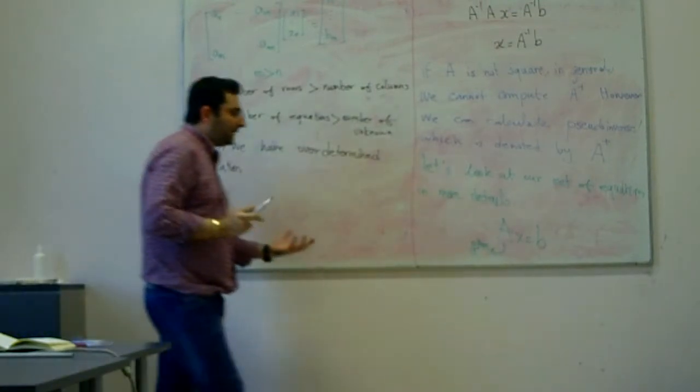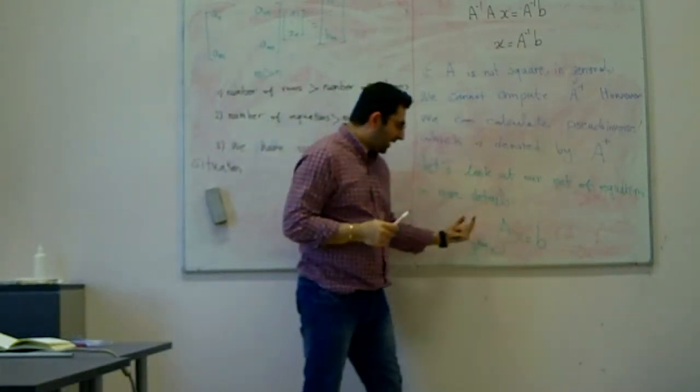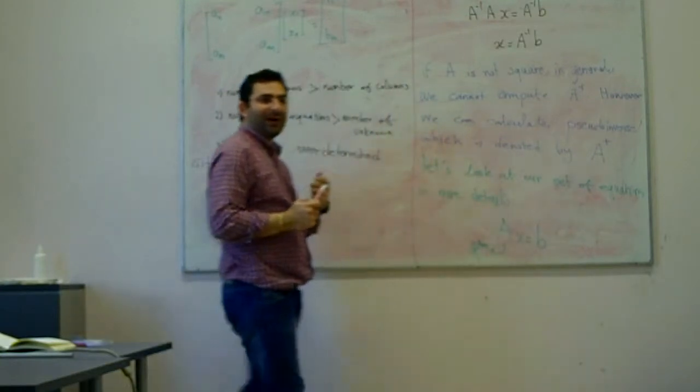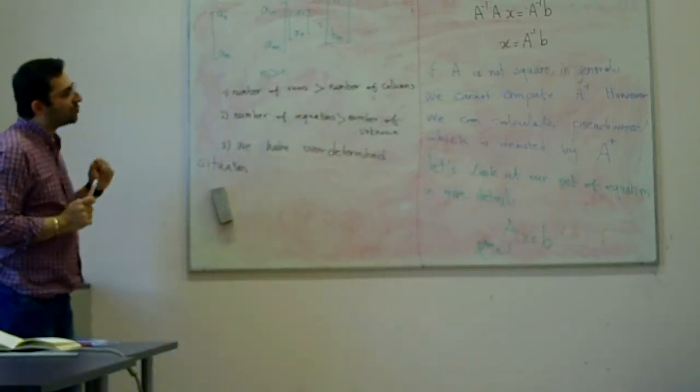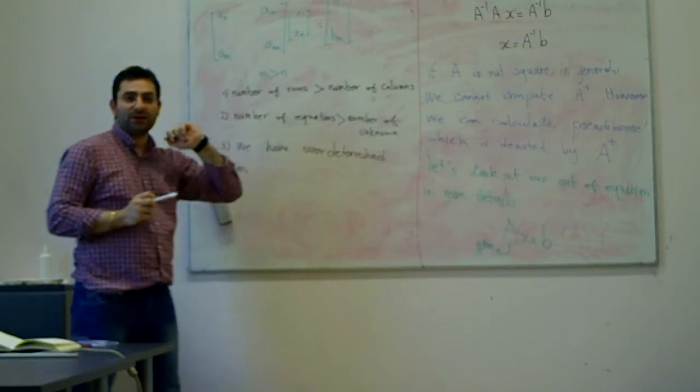We understand if it was squared, it was non-singular, we were multiplying by A inverse, and we said that in order to solve it we are using the pseudo-inverse.